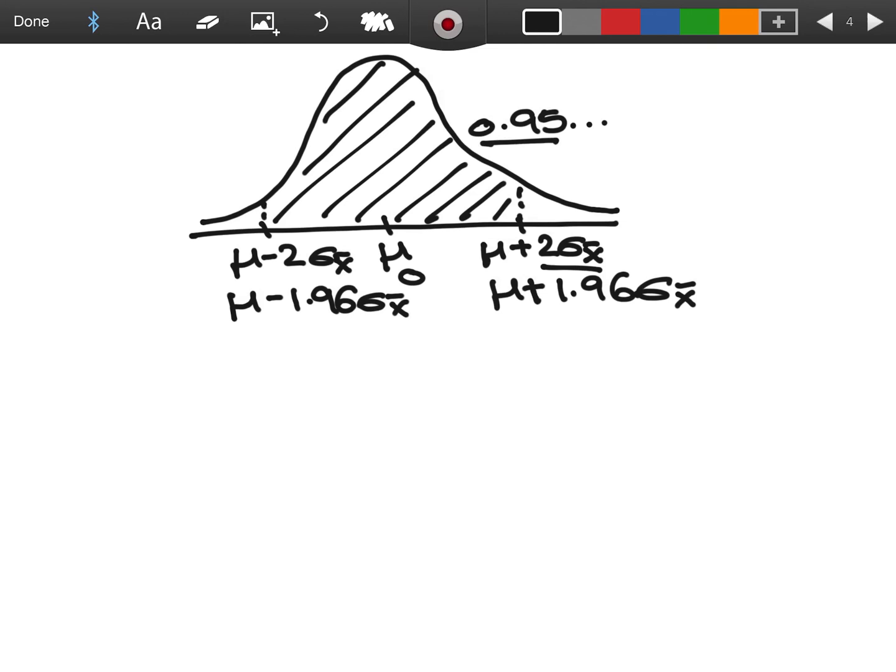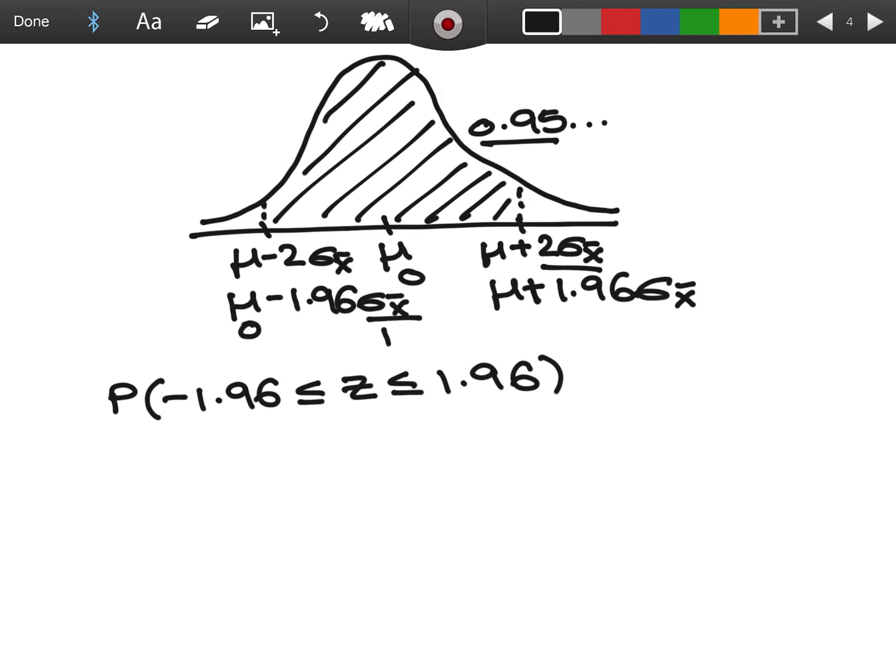If this is 0, this value here would be negative 1.96, and this value here would be 1.96.